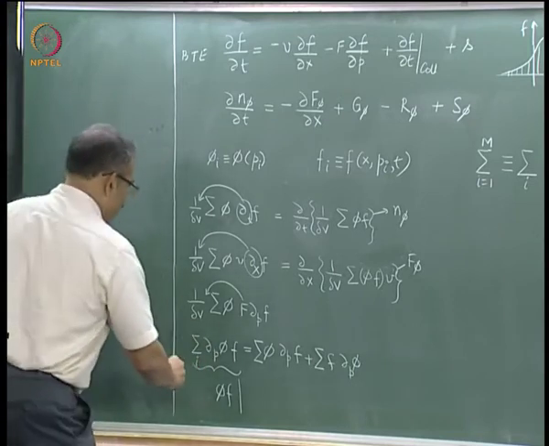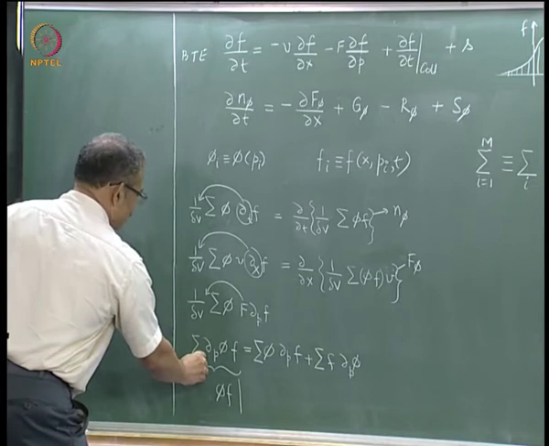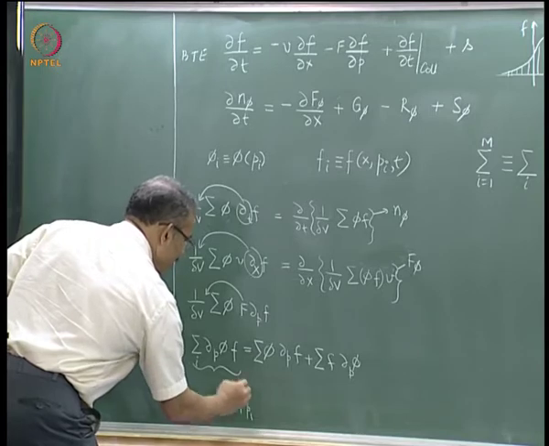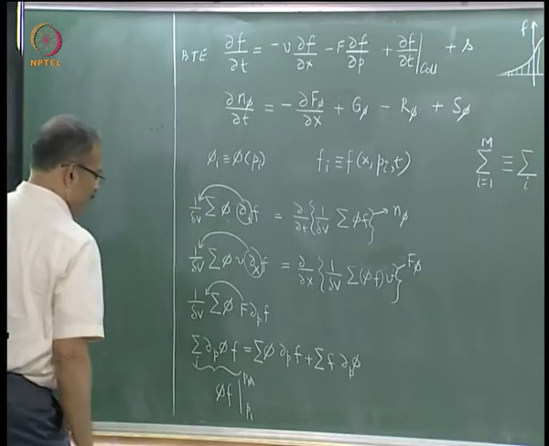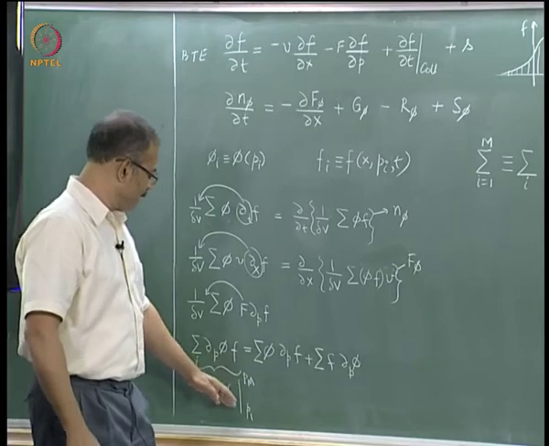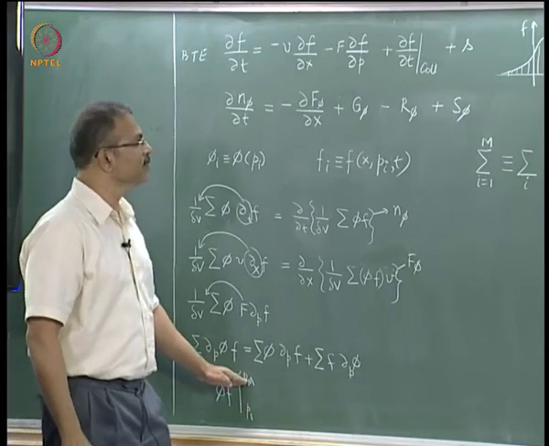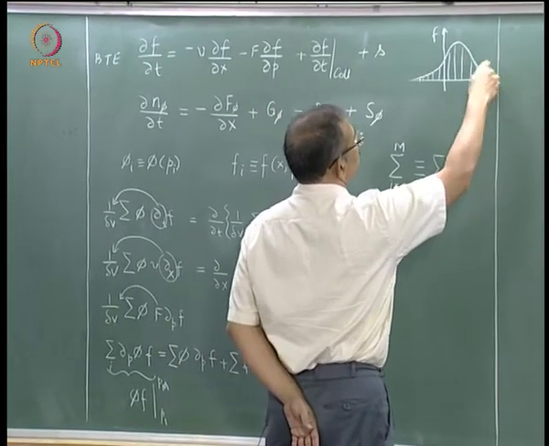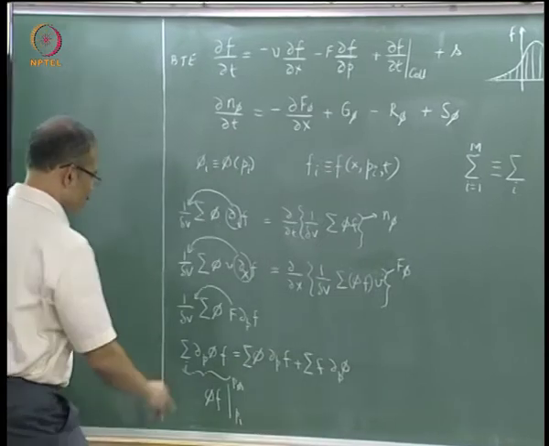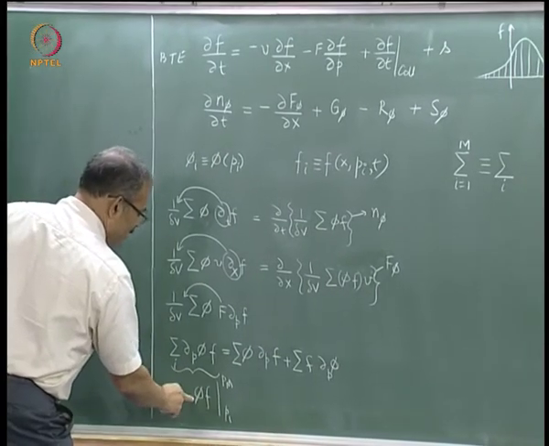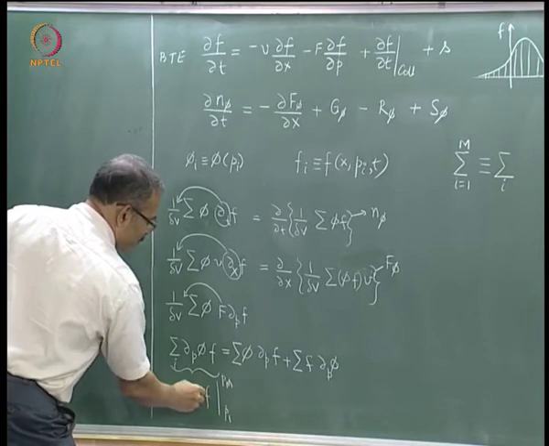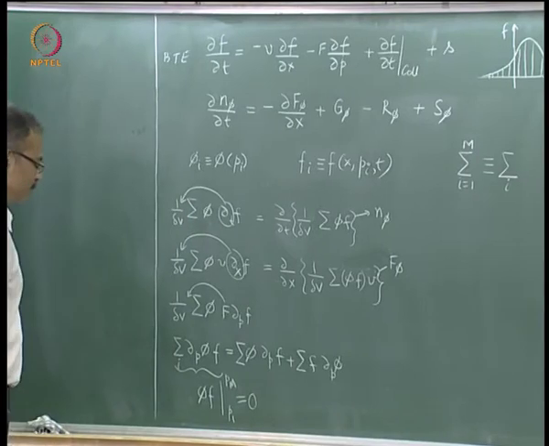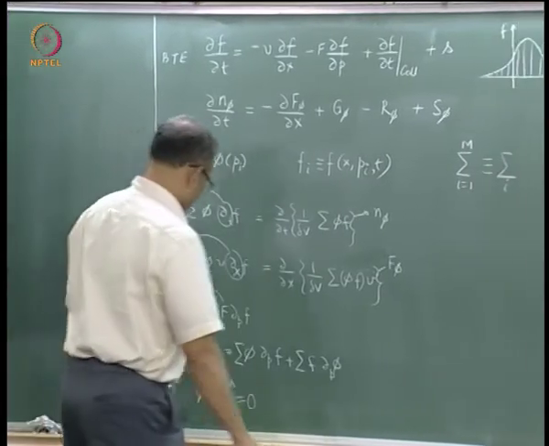So p1 to pm, suppose we said there are m states, so p1 and pm. Now since the number of states is large and they extend from minus infinity to plus infinity, p1 may be somewhere here and pm may be somewhere there. So the function f has dropped to 0. So no matter what your phi is, both these limits of this quantity will be 0, and therefore this is equal to 0.